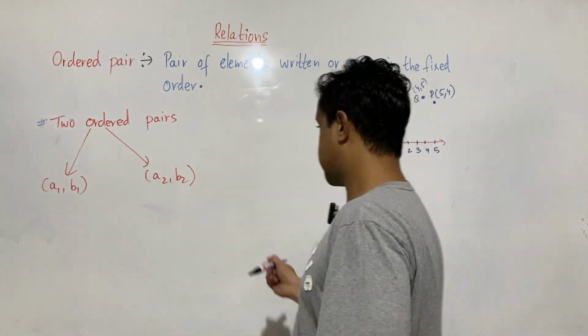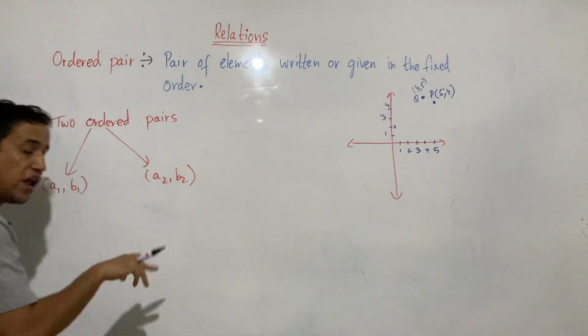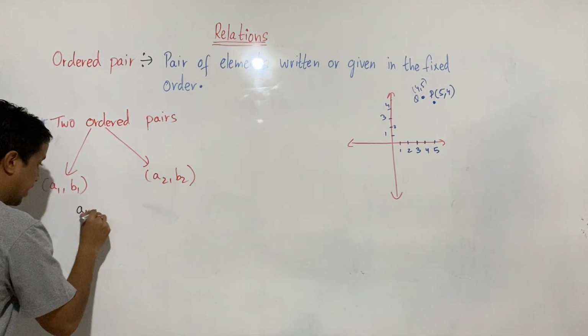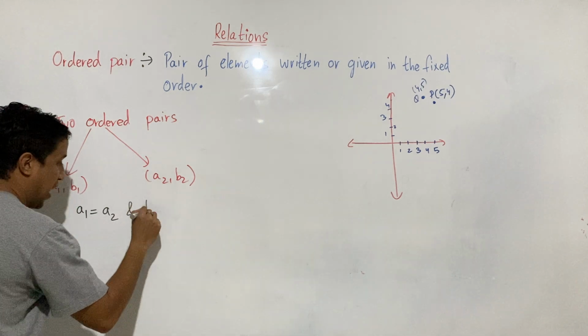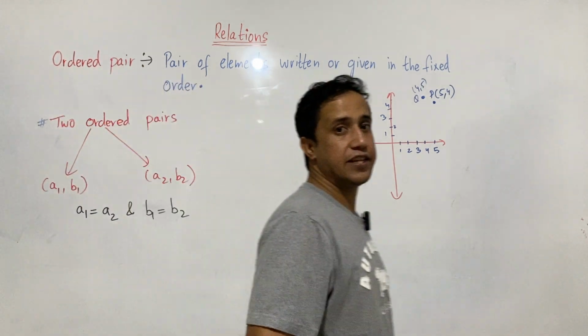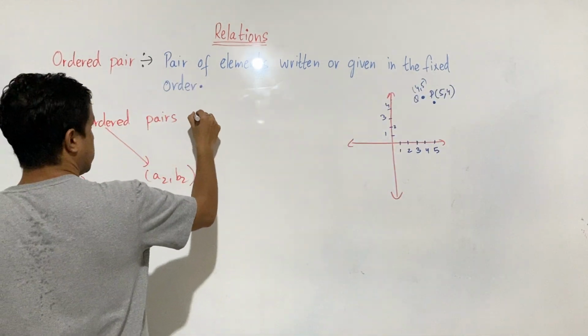These two ordered pairs will be equal when A1 is equal to A2 and B1 is equal to B2. Then we can say that these two ordered pairs are equal.